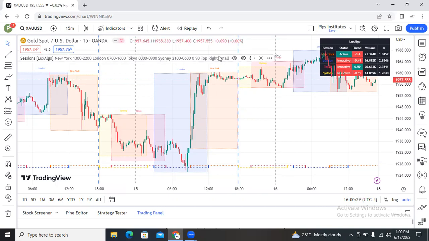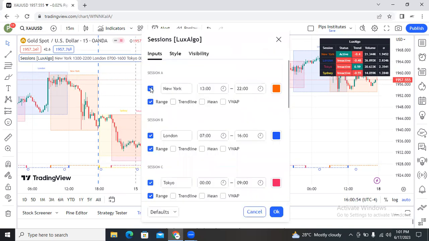So you have to come here and click on settings. We untick New York and New York range. We are going to leave London and its range. We untick Tokyo and Tokyo range.